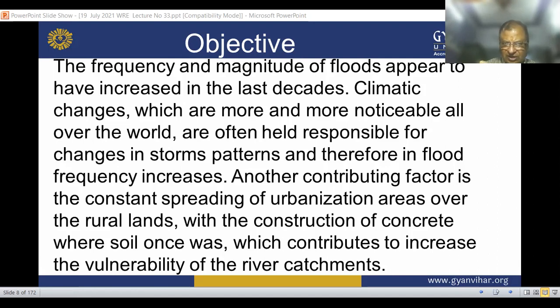Another contributing factor is the continuous spreading of urban areas over rural land, with the construction of concrete over soil, which contributes to increasing the vulnerability of the river catchment.